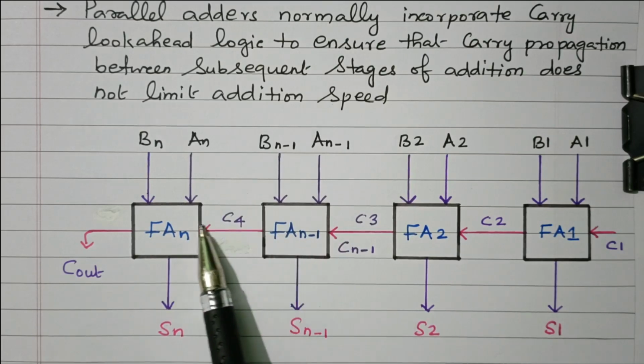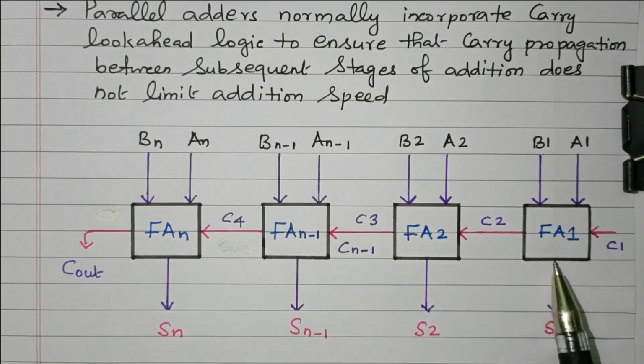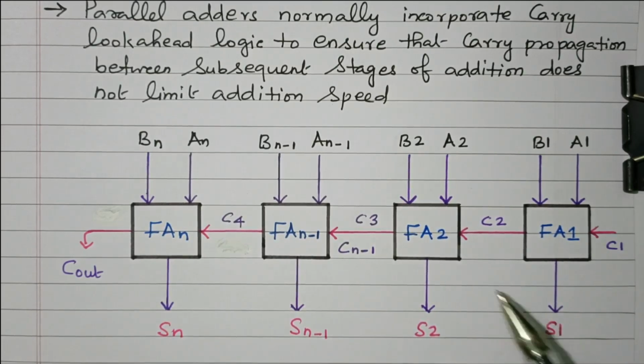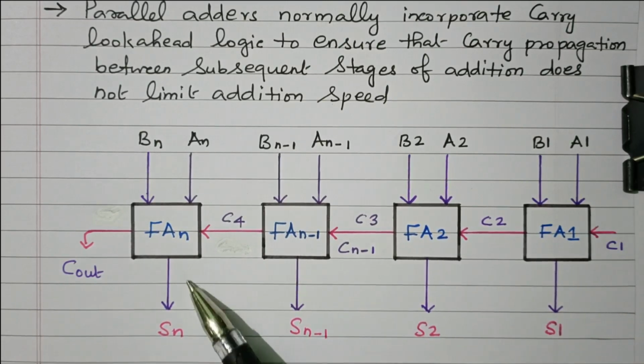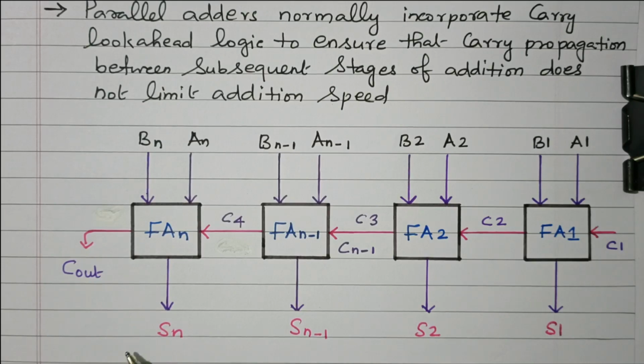Like that the carry will be forwarded. So every stage will give the sum S1, S2, up to Sn minus 1, Sn. Finally we have the carry out. So a full adder will add 2 bits and 1 carry. In a parallel adder, n number of full adders are available, the corresponding digits are added, the sum is generated and the carry is forwarded to the next digit.